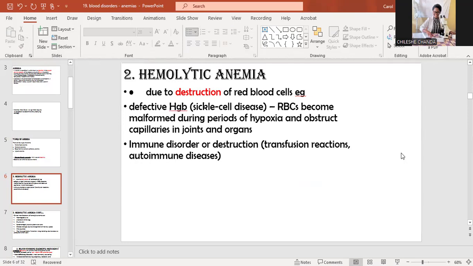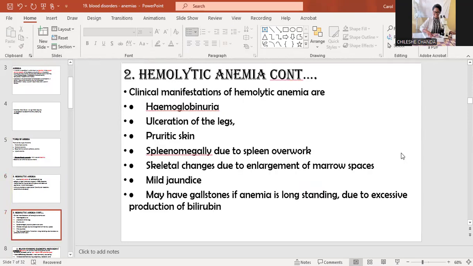Issues like incompatibility when there has been blood transfusion with the wrong blood group. So you find that that incompatibility of blood will result in breakdown of the red blood cells, and therefore this patient will end up with more severe anemia.